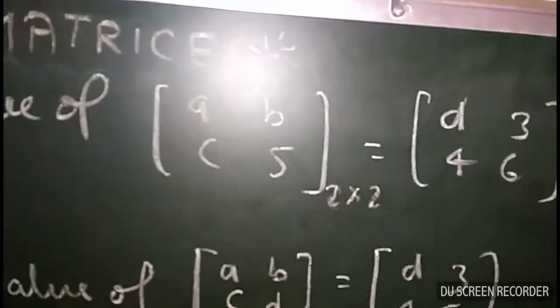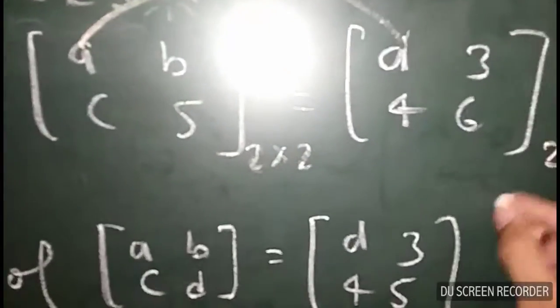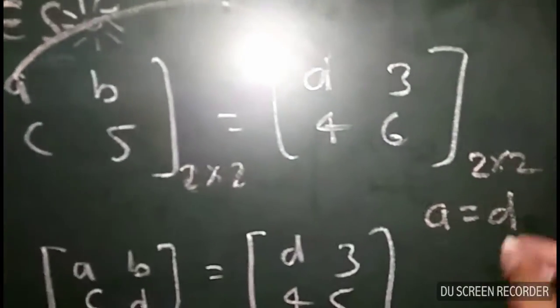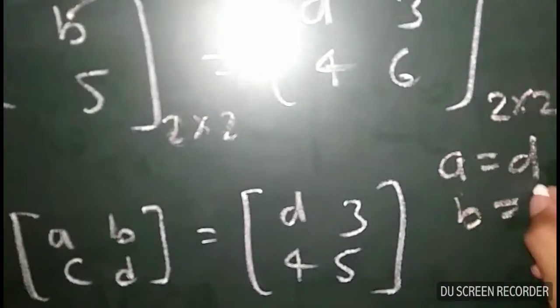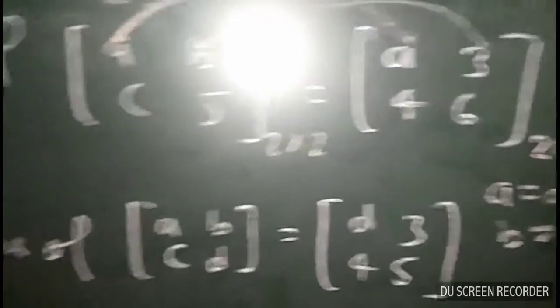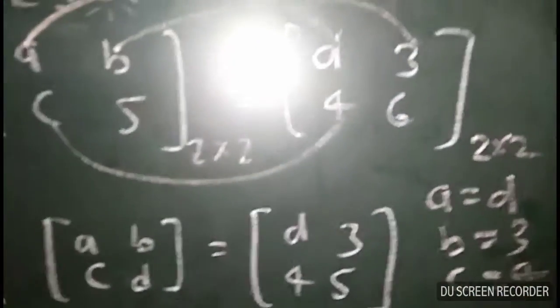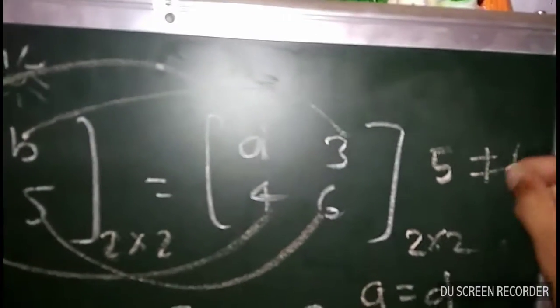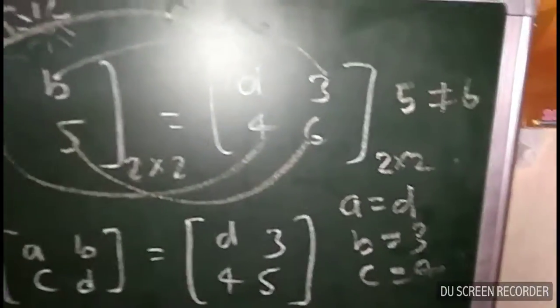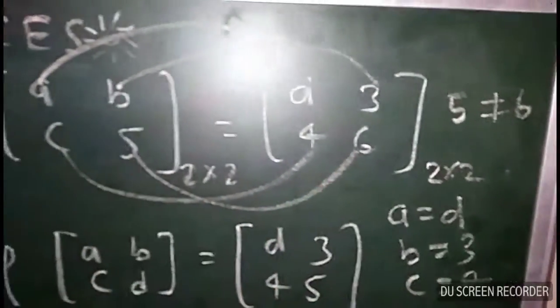Now we check whether the corresponding elements are the same or not. For corresponding elements we see that A may be equal to D, B equal to 3, C equal to 4, but we cannot say that 5 equals 6, because it is never possible that 5 equals 6.